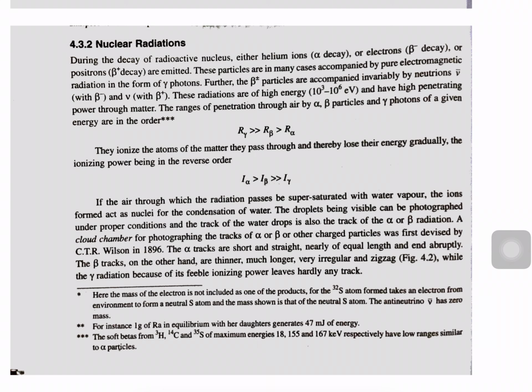If the air through which the radiation passes be supersaturated with water vapor, the ions formed act as nuclei for the condensation of water. The droplets, being visible, can be photographed under proper conditions, and the track of the water drops is also the track of the alpha or beta radiation.